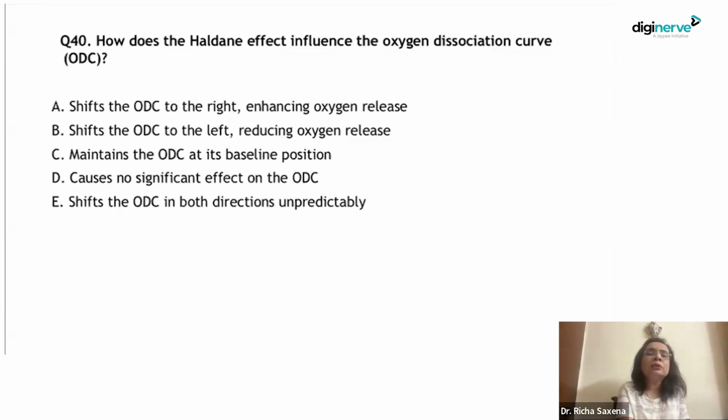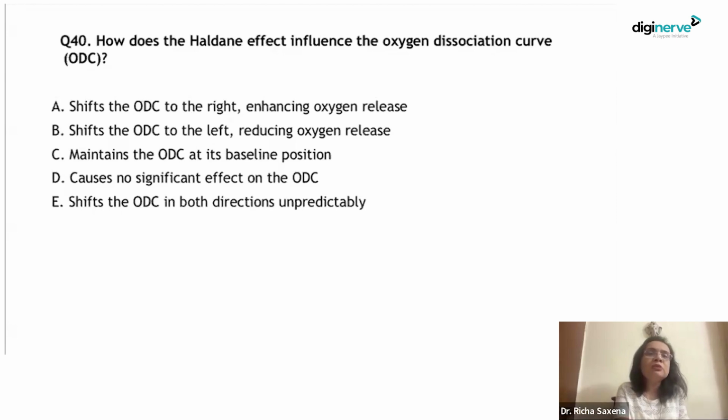Now in Haldane's effect, what happens is it is opposite of Bohr's effect. So it is related to carbon dioxide. So affinity of deoxygenated hemoglobin to combine with carbon dioxide increases. And this will help in releasing the oxygen to the tissues where the oxygen supply is less. And the carbon dioxide which is released in these tissues will combine with hemoglobin, the deoxygenated hemoglobin, because the oxygen has been released.